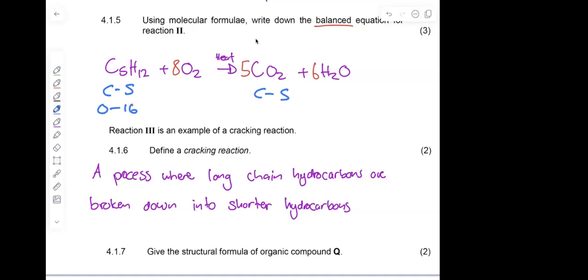My oxygens on this side, I've got 5 times 2, which is 10, plus 6 times 1, which is 16. And then my hydrogens, I'm going to have 12 on the left-hand side. Hydrogen 6 times 2 is 12. That looks very balanced to me. Oratile, maybe just check your working out. Yeah. Okay. Thanks for that. Okay, I'm glad you saw your mistake. All right.